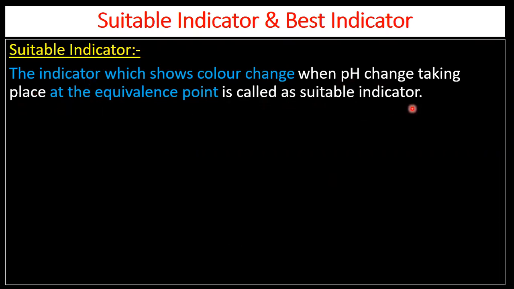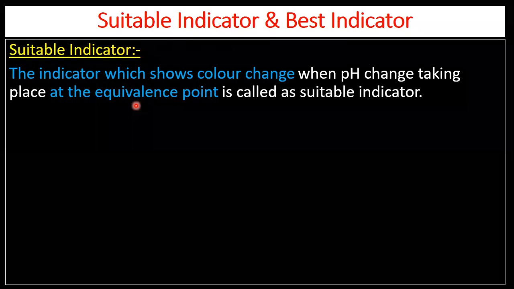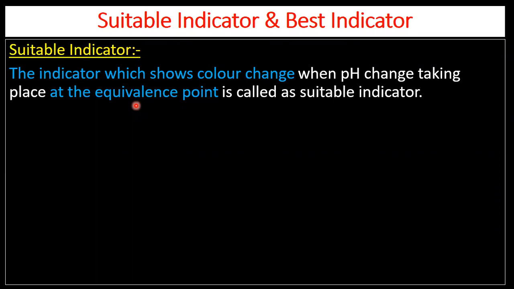Read carefully. लक्ष द्या बारकाईने. The indicator which shows color change when the pH change is taking place at the equivalence point is called a suitable indicator. We have seen what the equivalence point is: the point at which equivalent quantities of acid and base react together is called the equivalence point.